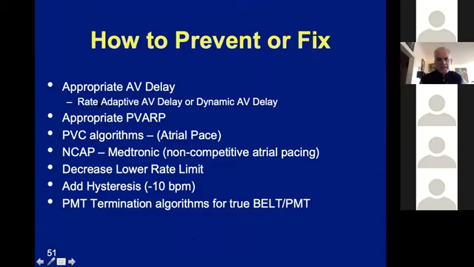So if there is a rate adaptive AV delay, turn it on. If there is a rate adaptive PVARP, turn that on and use those other algorithms. There are no specific algorithms for RNRVS termination, and there are algorithms for PMT termination. So that also you have to keep in mind. So PMT is probably easier to deal with than RNRVS.